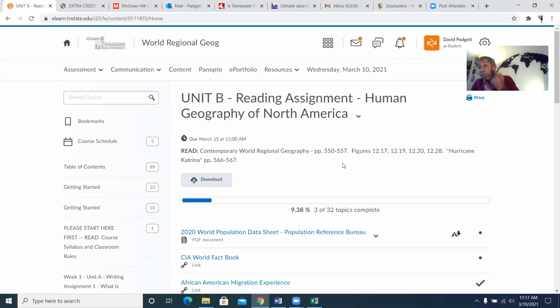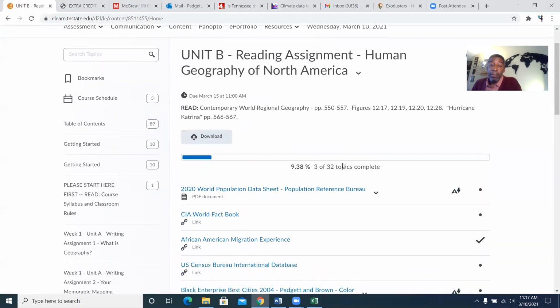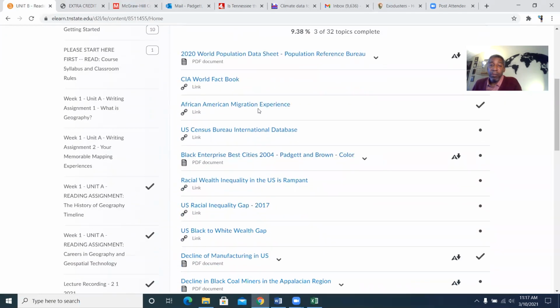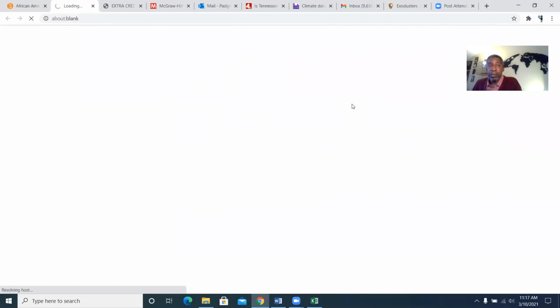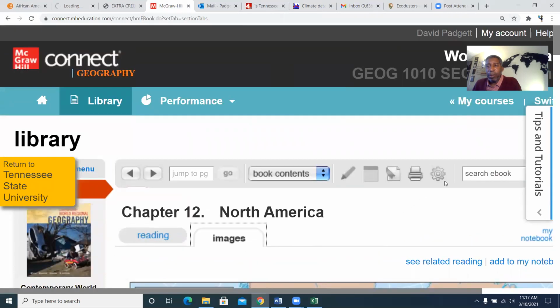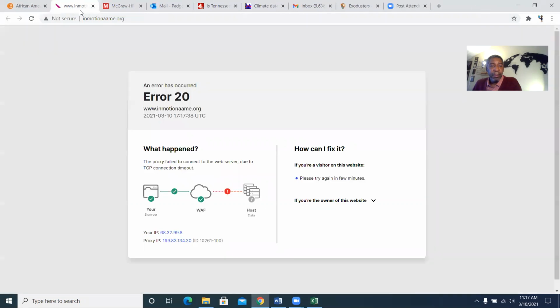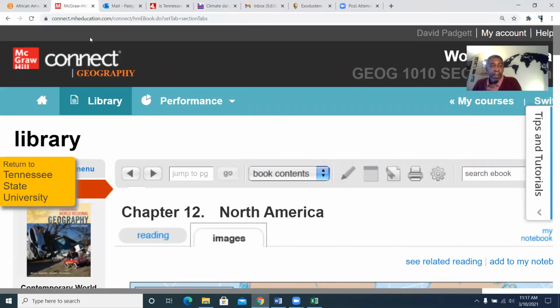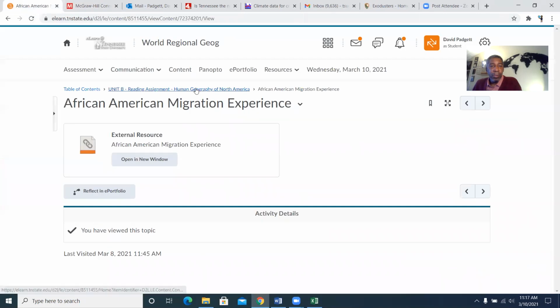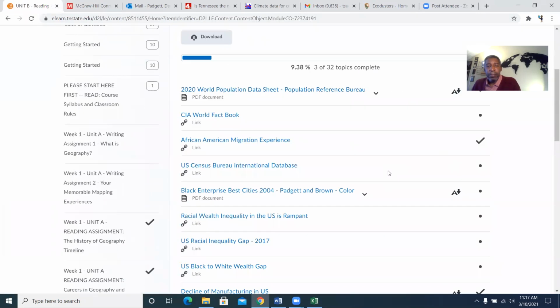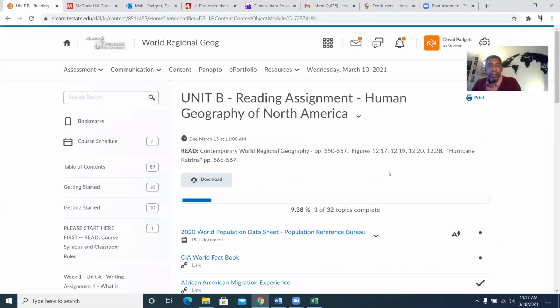Where we left off, we were looking at internal migrations, and the main migration that we were focusing upon were migrations of African American people. Specifically, we were discussing the Great Migration.